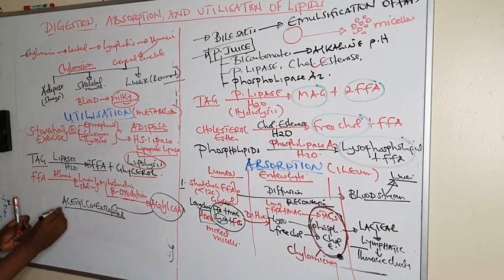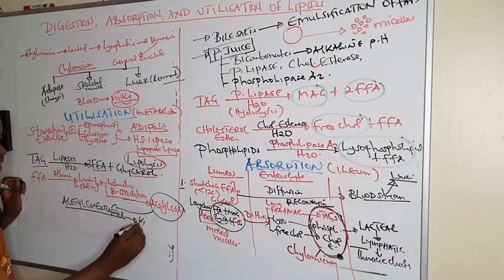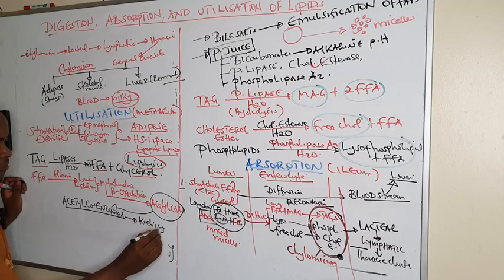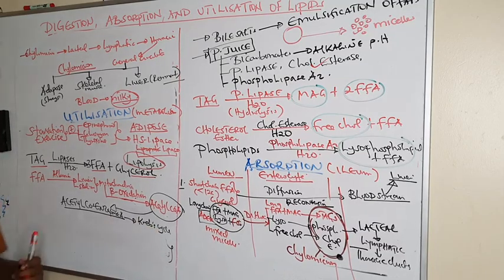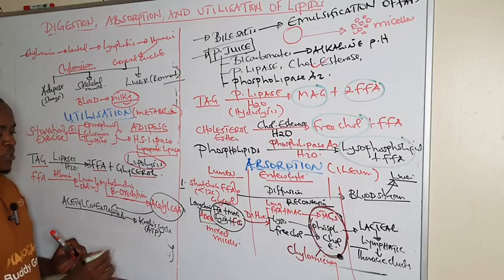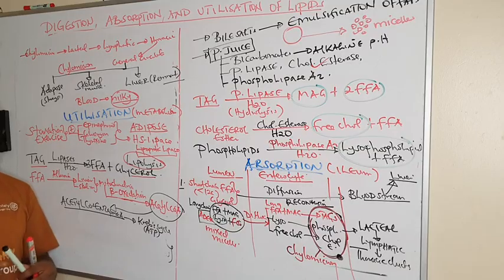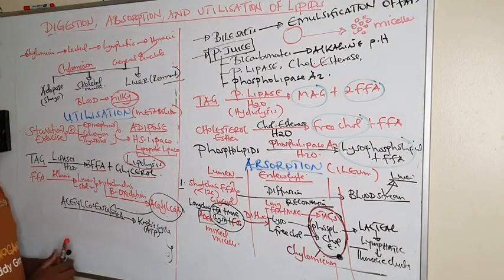One of them is that, in case we need energy, it can go to the Krebs cycle. And in the Krebs cycle, it is able to provide energy in the form of ATP, water, and carbon dioxide. So when there is a need of energy, the acetyl coenzyme A produced from free fatty acids goes to the Krebs cycle to provide energy.